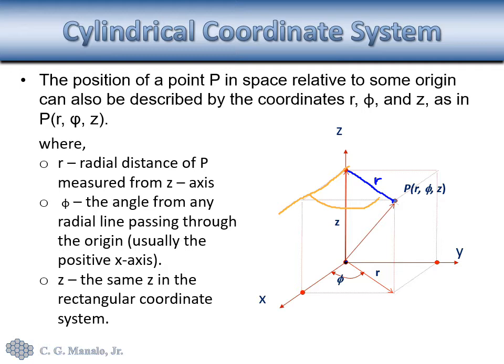So the angle, this angle, and the distance that this point makes from the xy plane. So this one. Okay. So this third coordinate is really the same as the coordinate used in the Cartesian coordinate system.